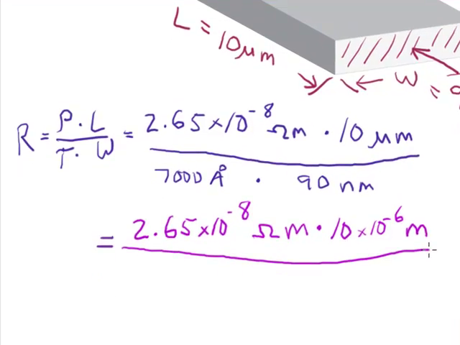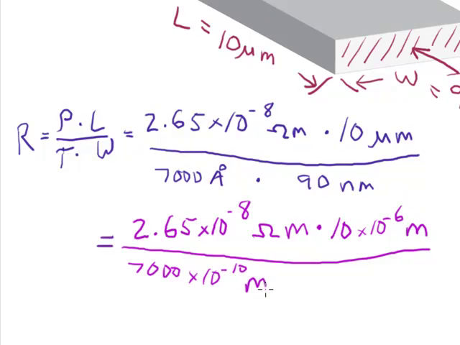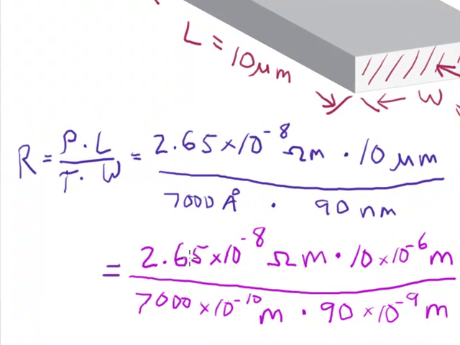I'm dividing that by 7,000 times 10 to the minus 10 meters, and I'm also dividing by 90 times 10 to the minus 9 meters. Now I say dividing, even though I'm writing times here, when I use the calculator to figure this out, I'm going to take this number times this number divided by this number and divided by this number.